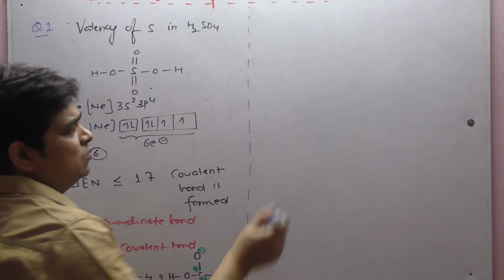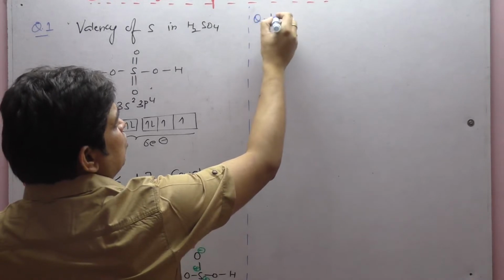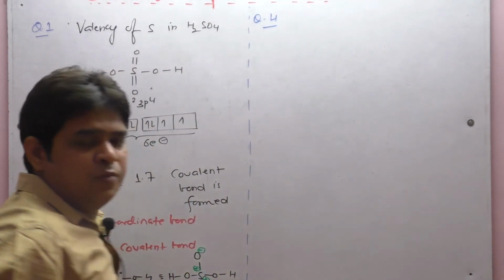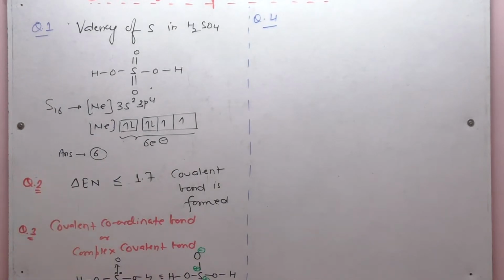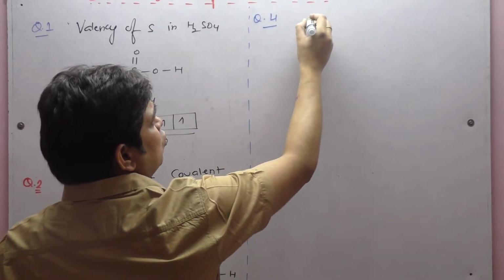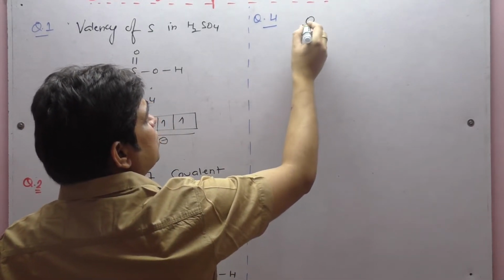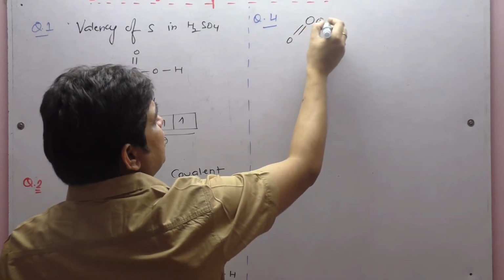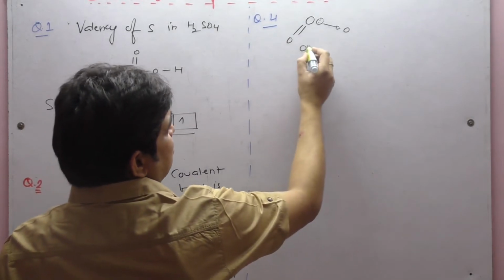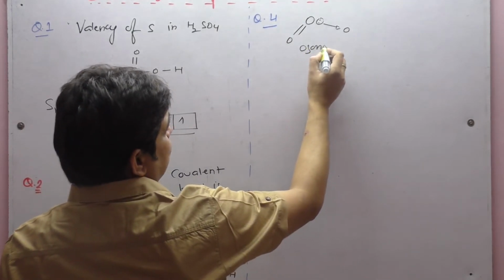Now question number 4. In question number 4, the coordinate bond is present in which? If we draw the structure of ozone, O3, it will be like that. In this we have one coordinate bond. This is called ozone.